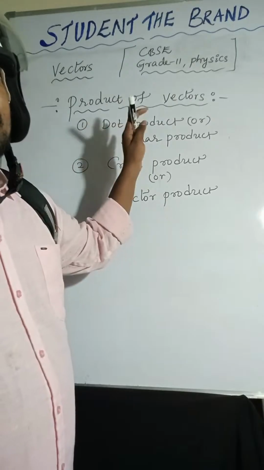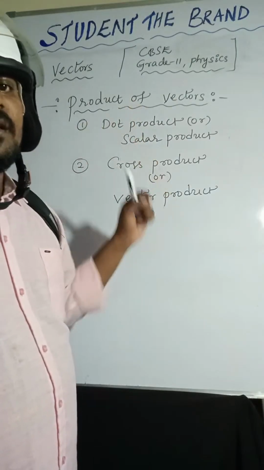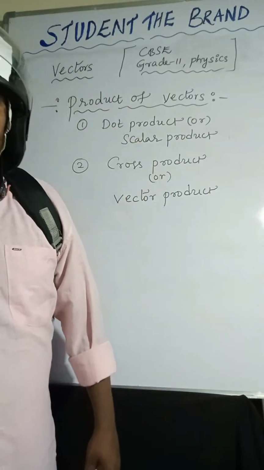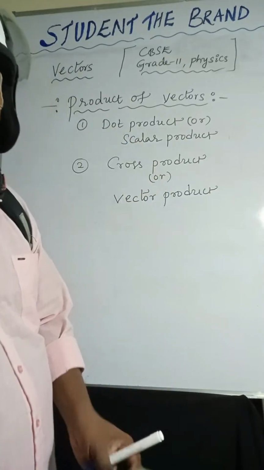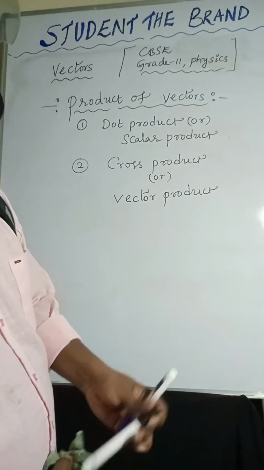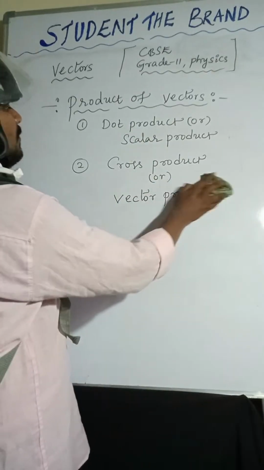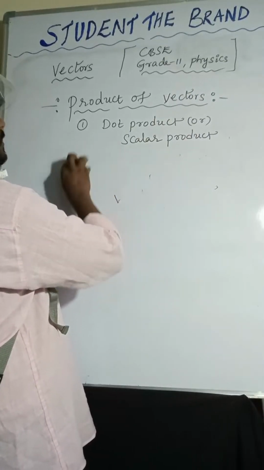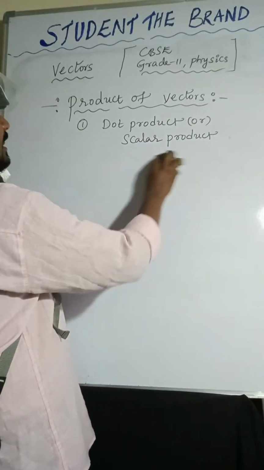Now we will discuss about dot product. Dot product of two vectors is equal to the product of their magnitudes and the cosine of the angle between them.